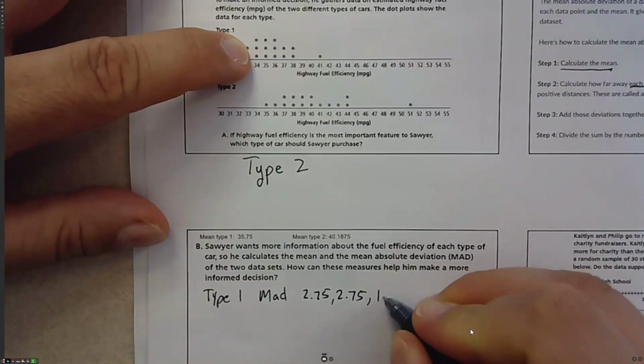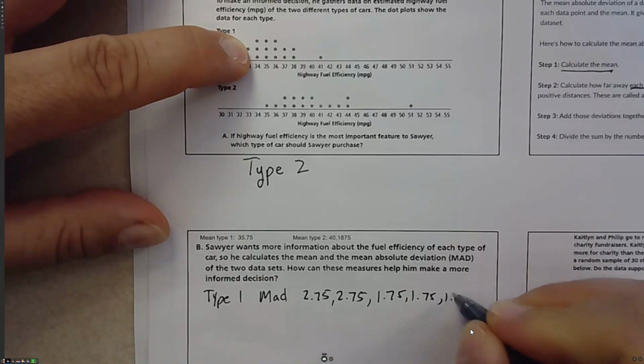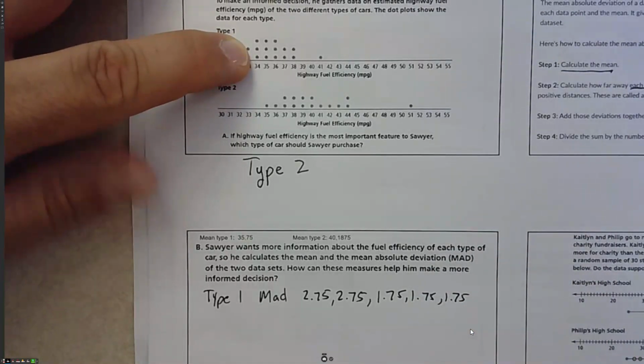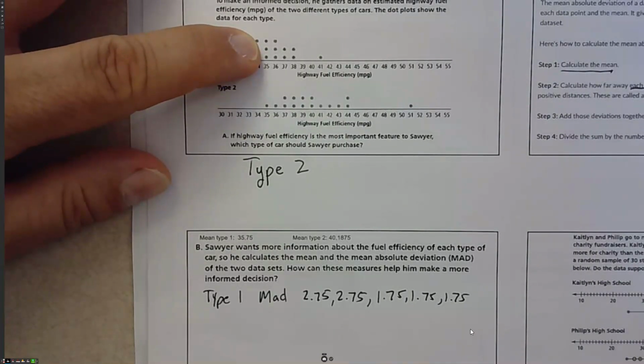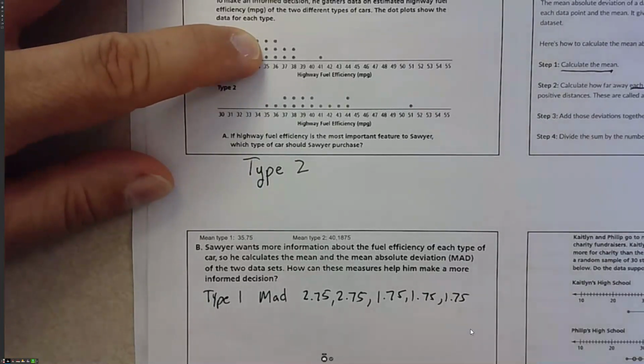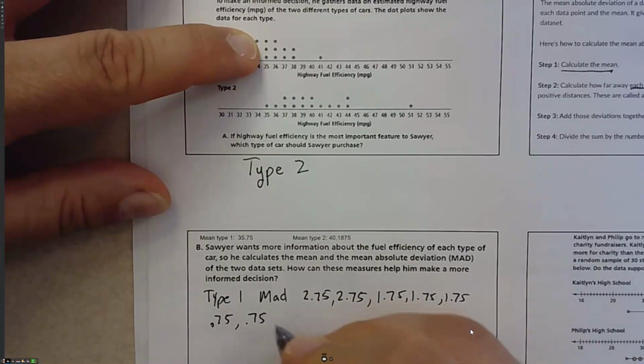We have three of those. How far away is 35 from the mean? 0.75. Are we understanding where this is coming from? There are three of those.